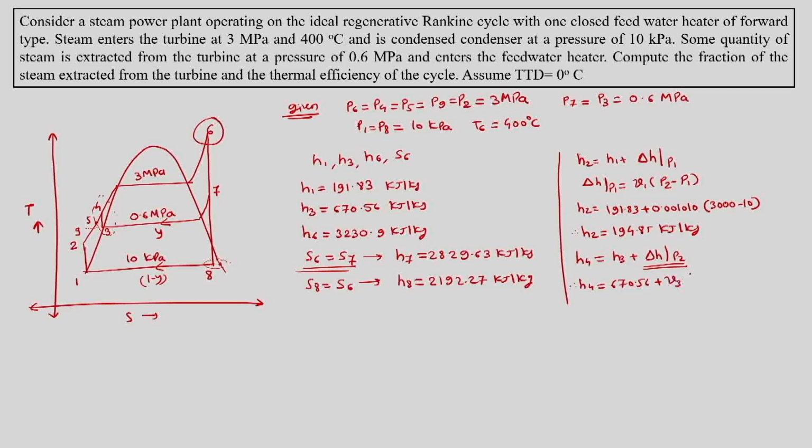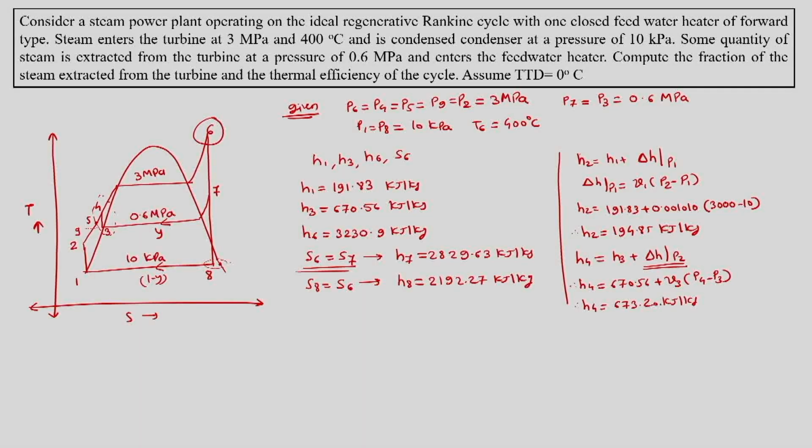670.56 plus nu 3 into P4 minus P3. So, we can get H4 is equal to 673.20 kilojoule per kg.